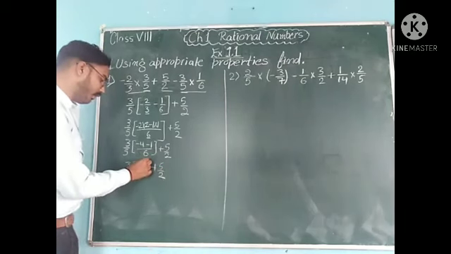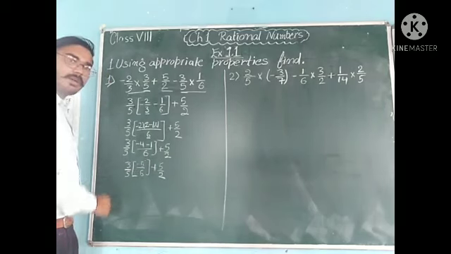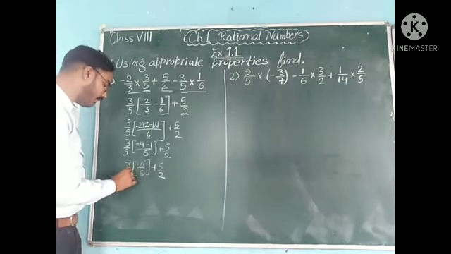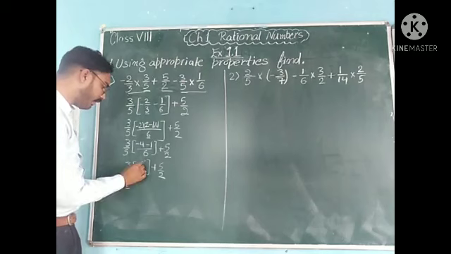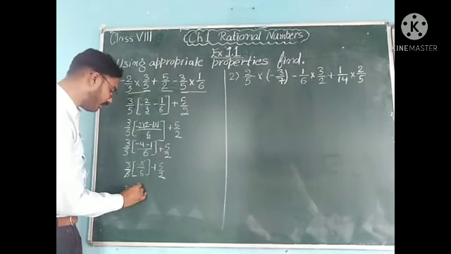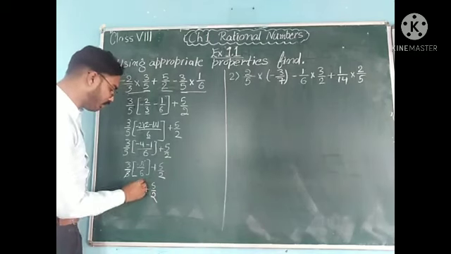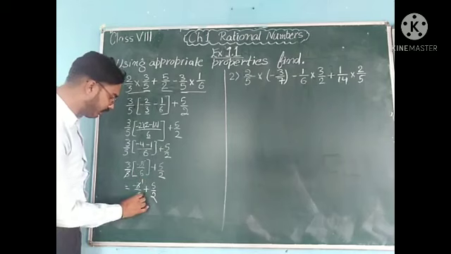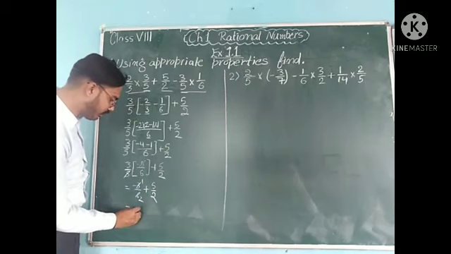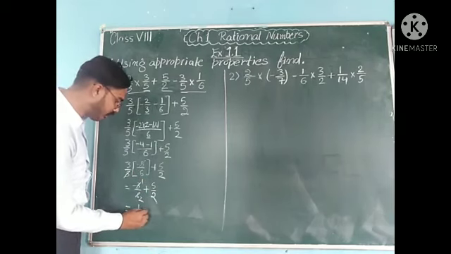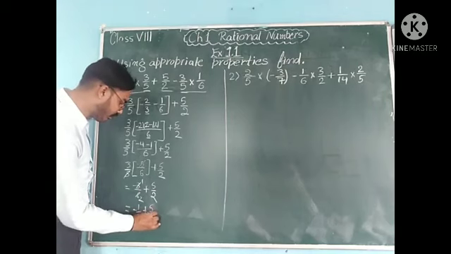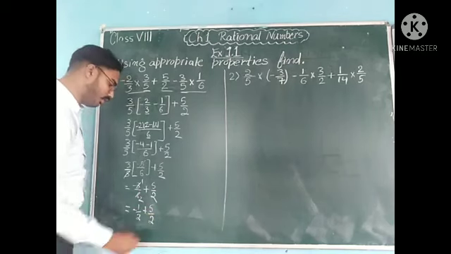Here, the same number in the numerator and the denominator can be cancelled. So 5 is cancelled by 5. So it will become minus 3 by 6 plus 5 by 2. Here 3 ones are 3 and 3 twos are 6. So here is minus half plus 5 by 2.